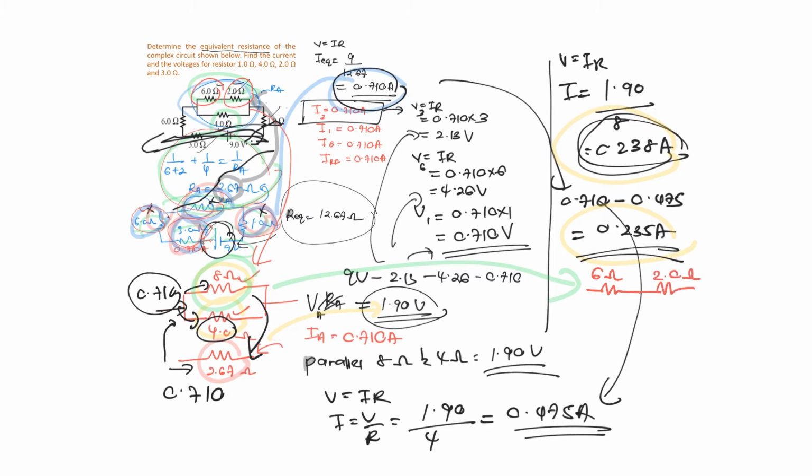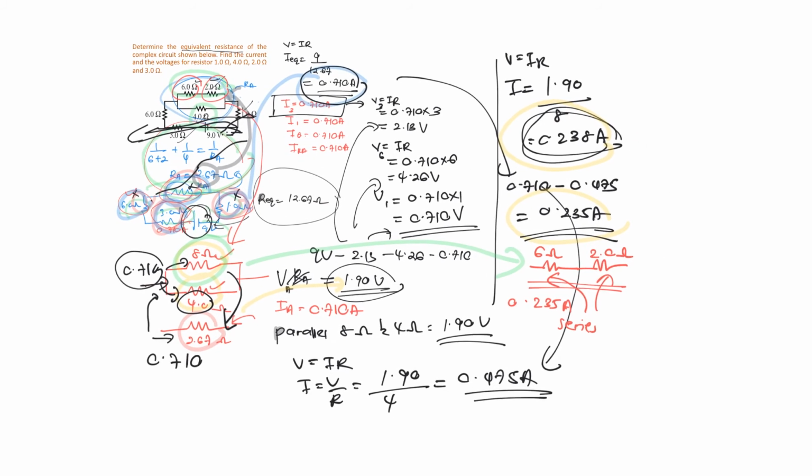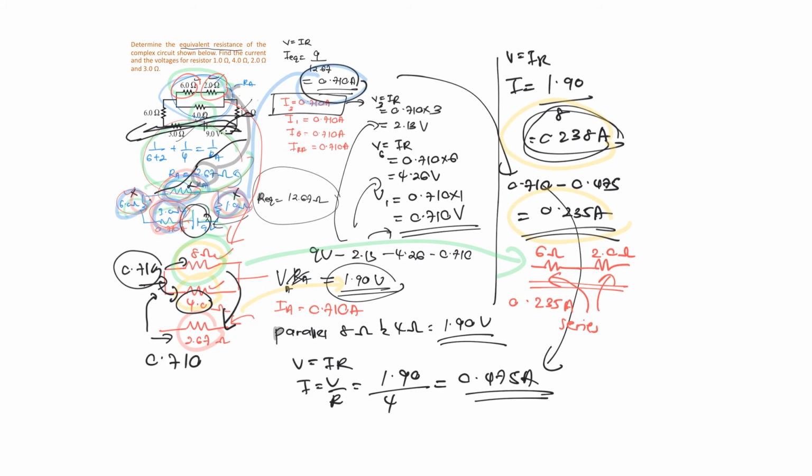What is the value of the current flowing here? Because it's connected in series, the current flowing through the 6 ohm and 2 ohm is the same, 0.235 ampere, because of the series arrangement.